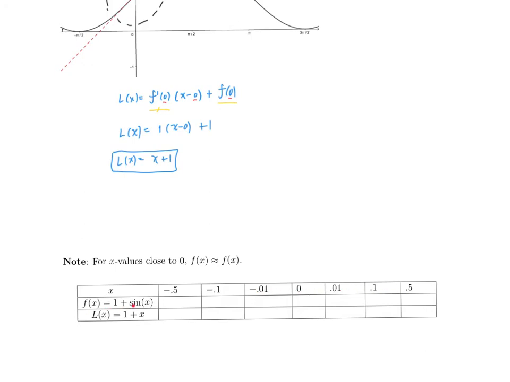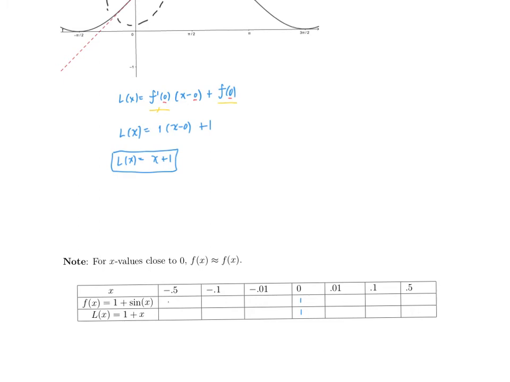What will the function outputs for f of x be and L of x? Now, note they both have that point 0, 1 in common. So when we substitute in x equals 0 to both of these, we will get out the value of 1.